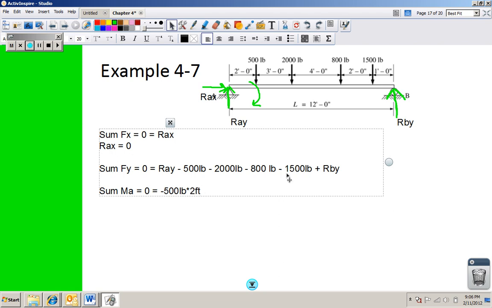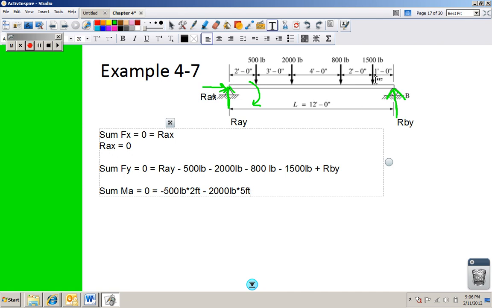Okay, the 2,000 pounds is also going to cause a negative moment, so we'll do negative. Okay, 2,000 pounds times, this is 2 plus 3, 5 feet.